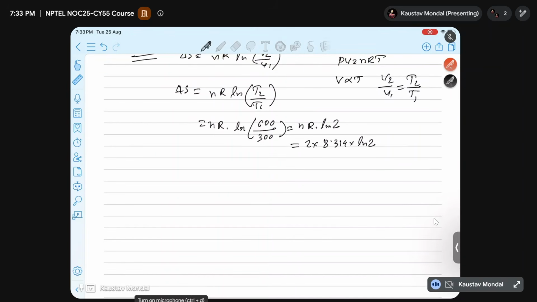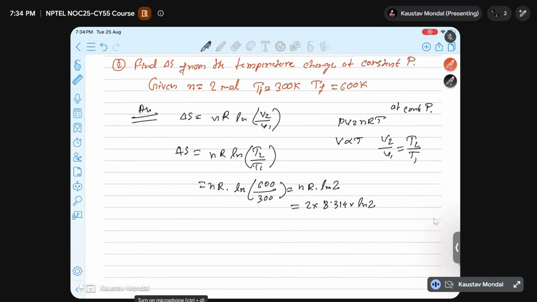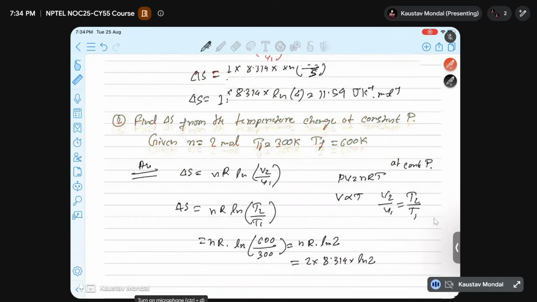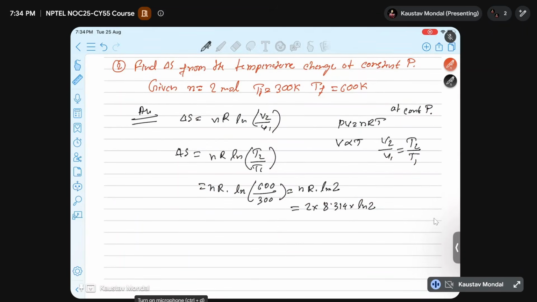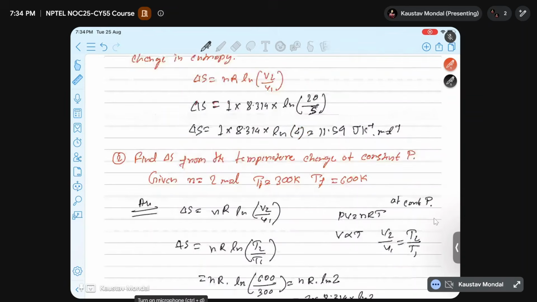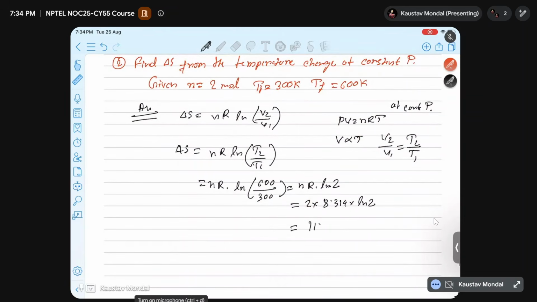So do this. Here also if you do this, same type of answer. So see here also, since like the previous case, here also the change would be 11.54 joule per mole inverse Kelvin inverse.